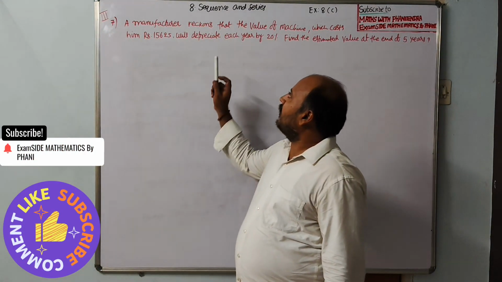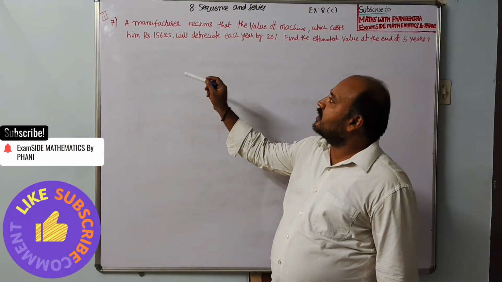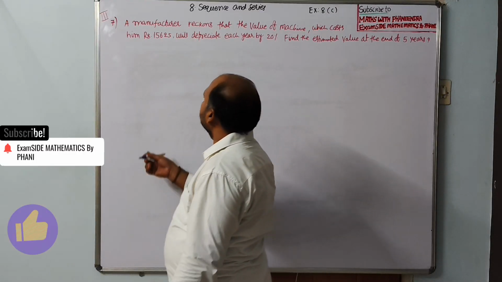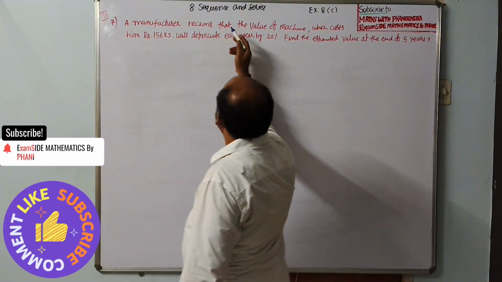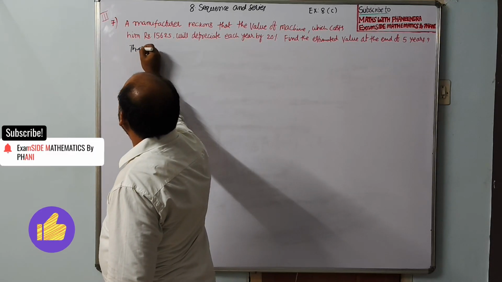A manufacturer reckons that the value of a machine, which cost him 15,625 rupees, depreciates by 20% each year. What is the value of the machine?